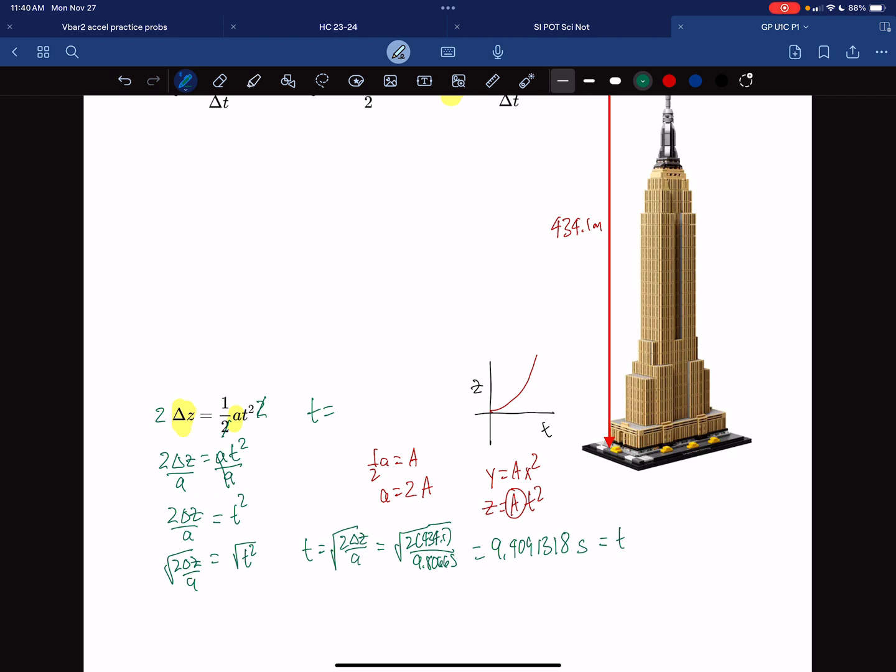And if we remember, our estimate was less than 9.5 when we did the average velocity table. So lastly, we need to use our significant digits. This 9.80665 has 6 digits, and this one had 4, so we can report 4 digits. And so that gives us T equals 9.409 seconds.